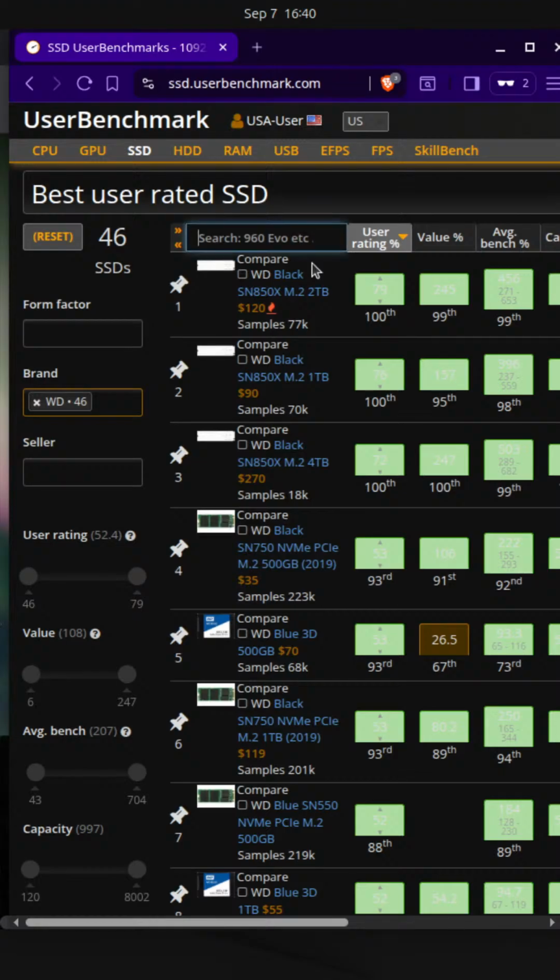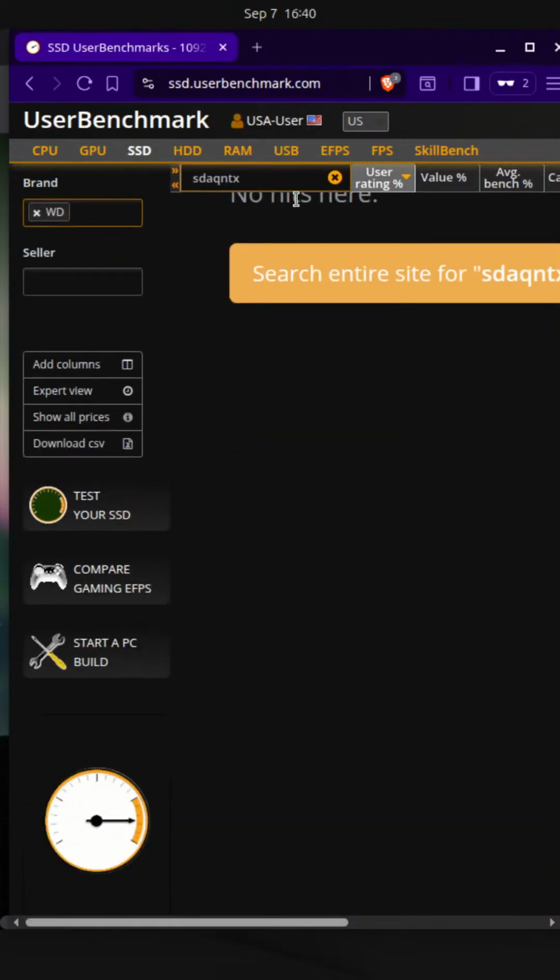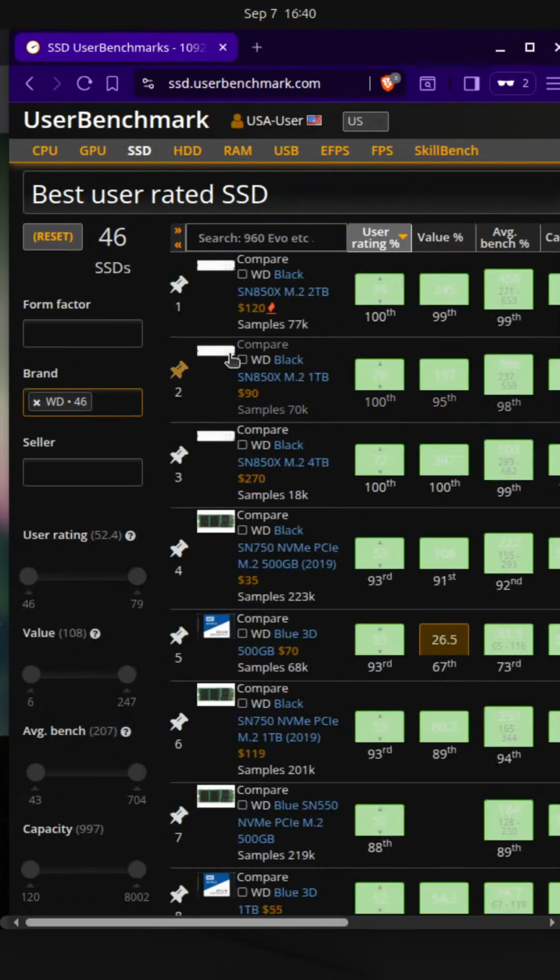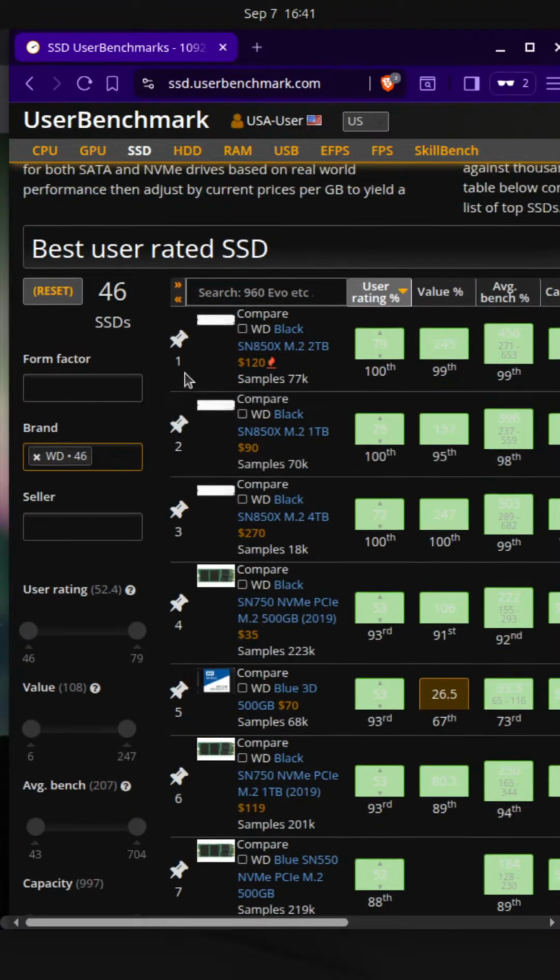And then we'll do SD, AQN, TX. That didn't work. Clearly. So I'm gonna try that again.